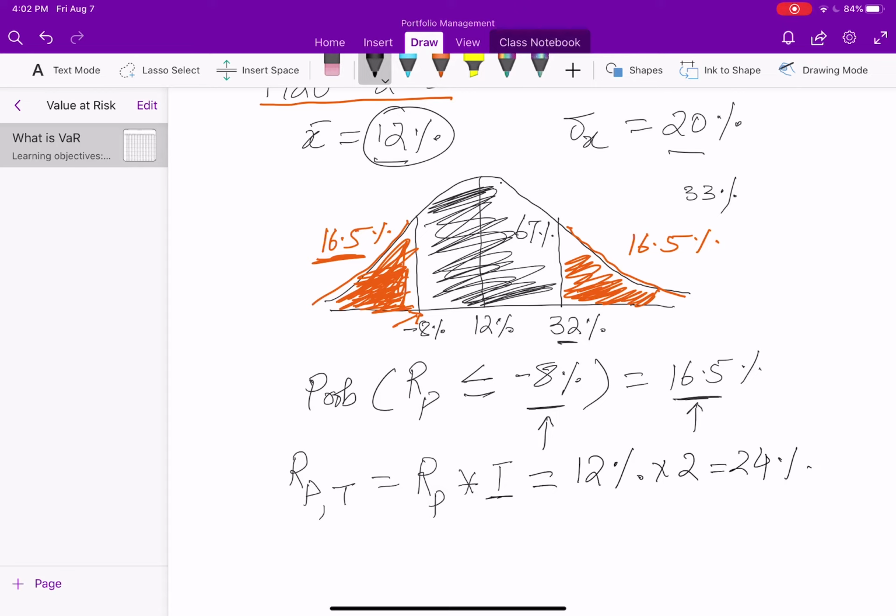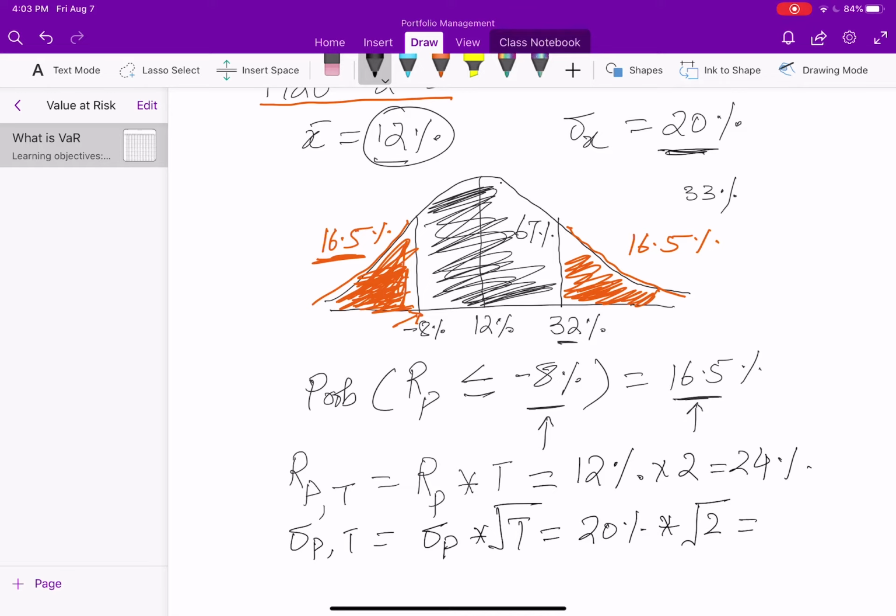For the standard deviation, we have a relatively different formula. We multiply the annual standard deviation by the square root of t. So we multiply the annual standard deviation of 20% by the square root of t, which is 2.